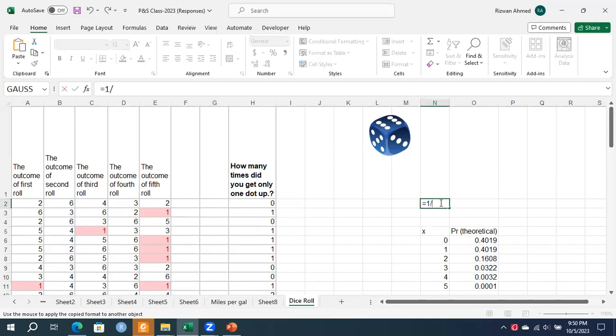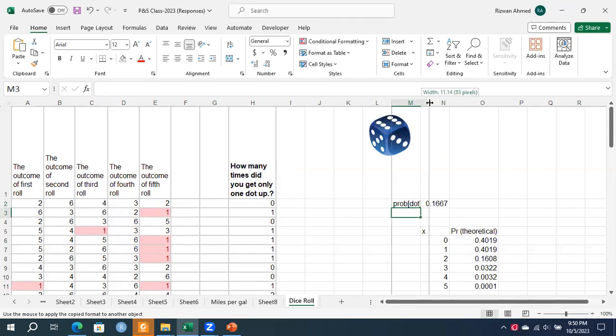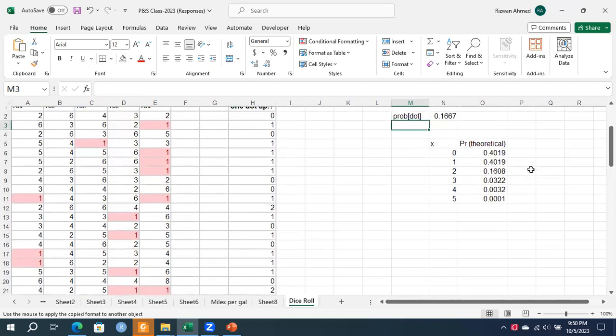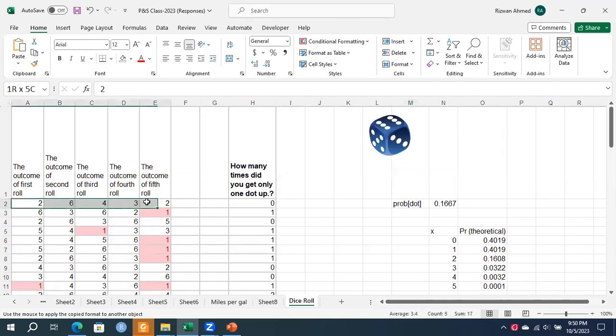If I calculate this number 1 by 6, it is about 16%. So this is the probability of the face with one dot, the probability of one dot in one trial. So we performed 5 trials. Every student performed 5 trials, 5 rolls, and we are interested to get the count, how many times he or she got one dot.